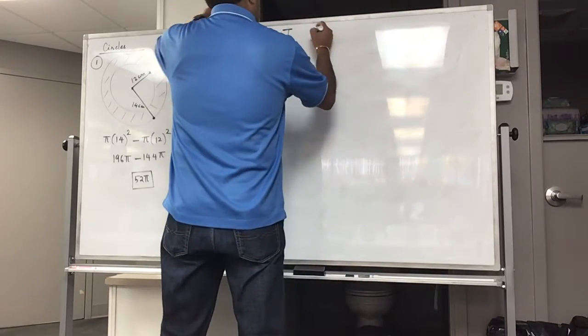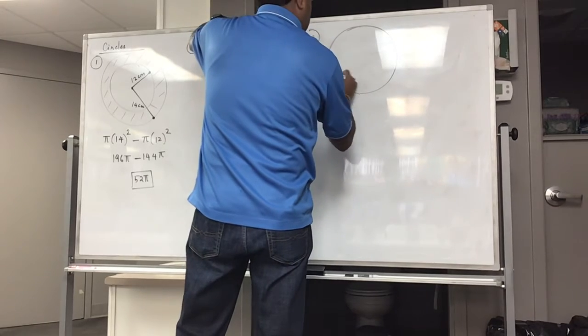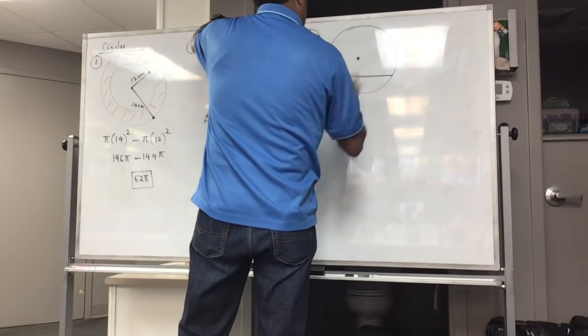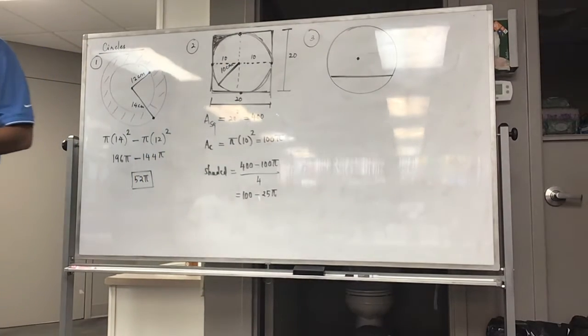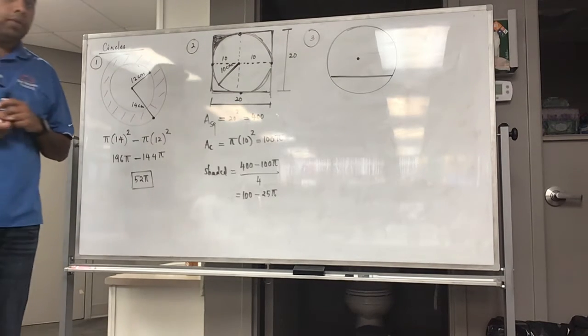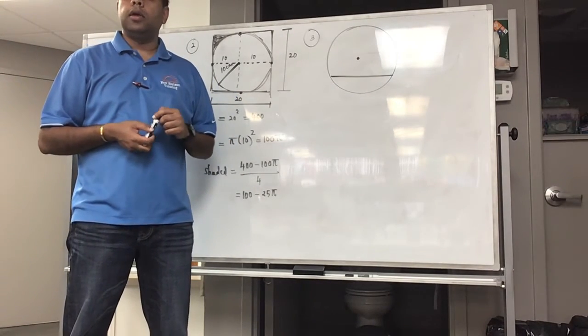Question number 3. What is this line called? Come on, you guys need to know this. Anybody online? Can you tell me what this line is called? Isn't it a sector?